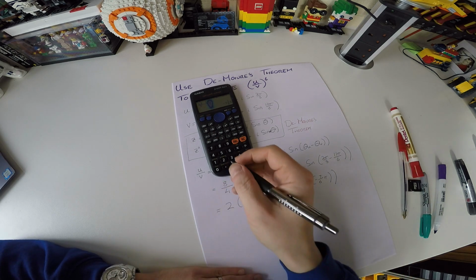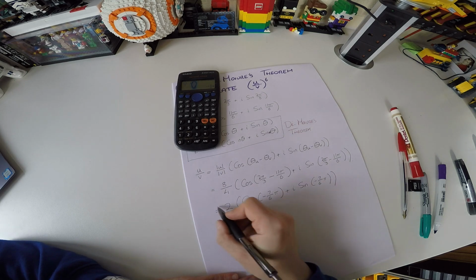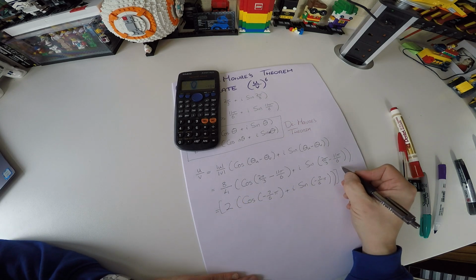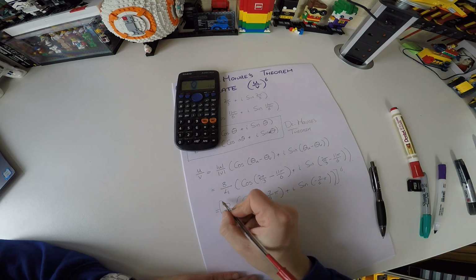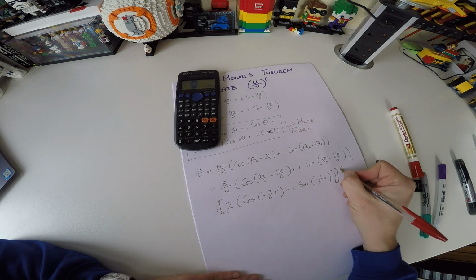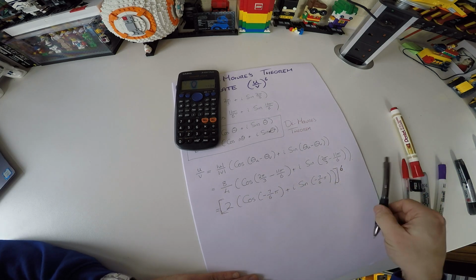So we're down here so far, but remember, we can't forget that we actually needed all this stuff to the power of 6. So we could take this stuff here and use De Moivre's theorem now to put it to the power of 6. So what's that going to look like?